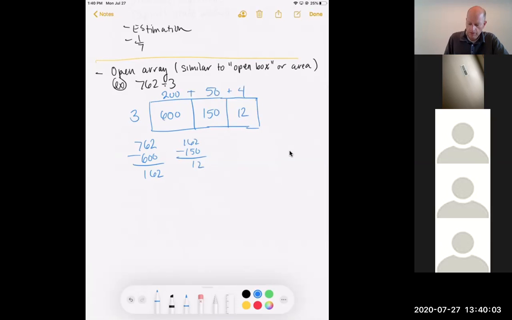Okay, so I've built up my horizontal dimension by chunking the total area into number parts. And the distributive property says that I can do 3 times 200 plus 50 plus 4 and get the same total. Therefore, 762 divided by 3 is equal to 254.